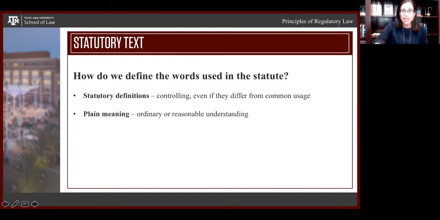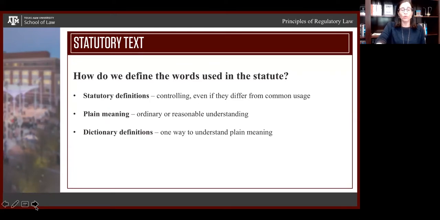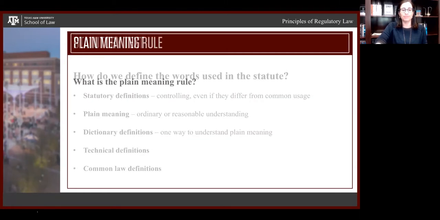If there's no statutory definition, then we would look at ordinary meaning or plain meaning, which is a reasonable person's understanding of the term. One way to figure that out would be from a dictionary definition. There are also technical definitions, which, as we'll see, are for special technical contexts, and common law definitions, so definitions that derive from the common law.